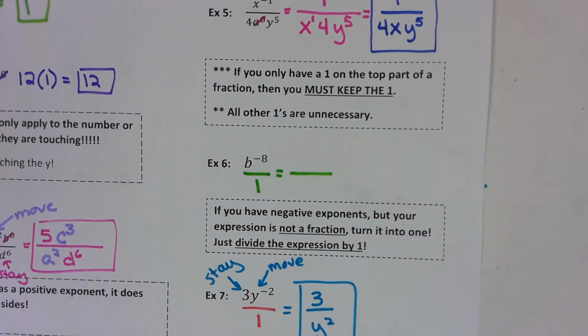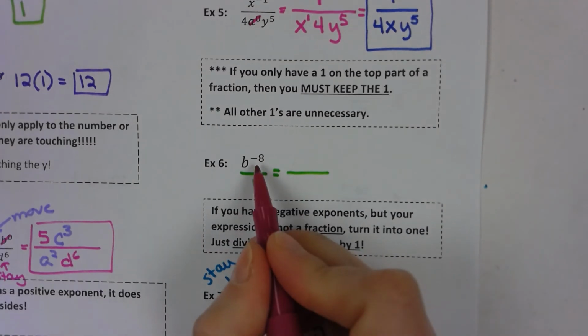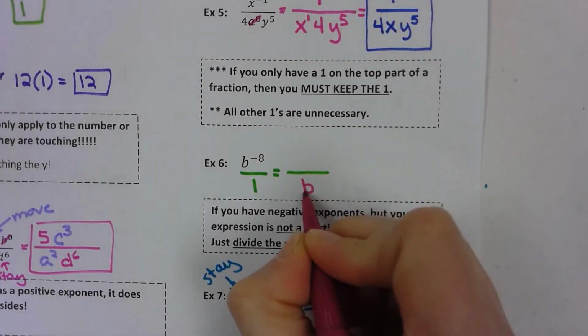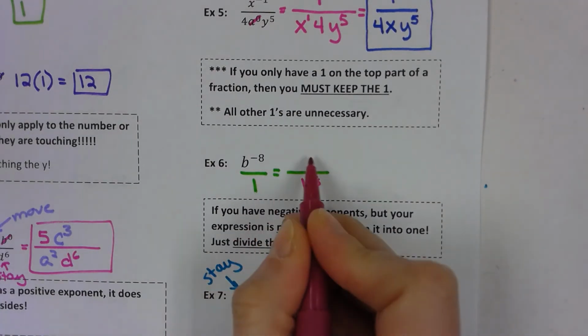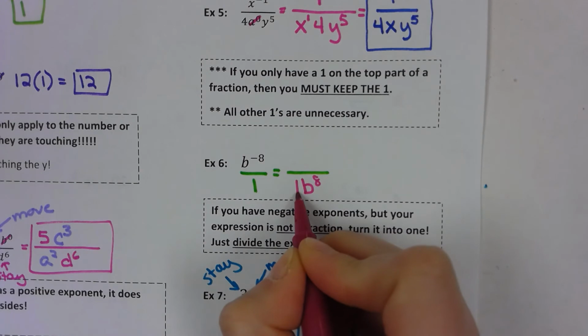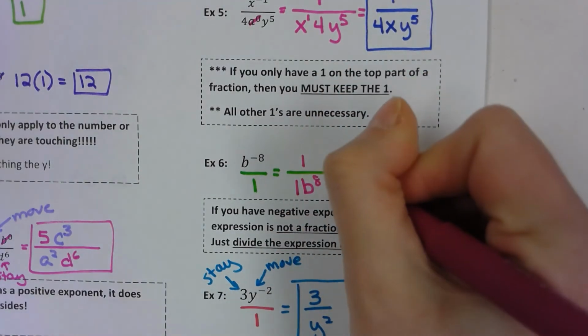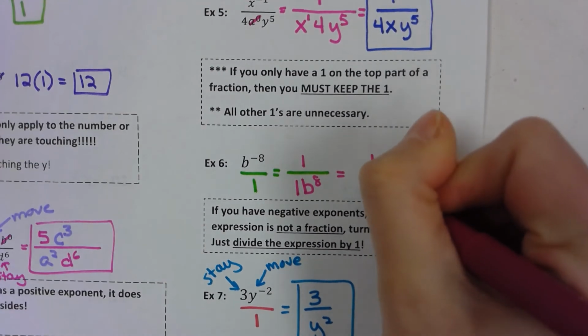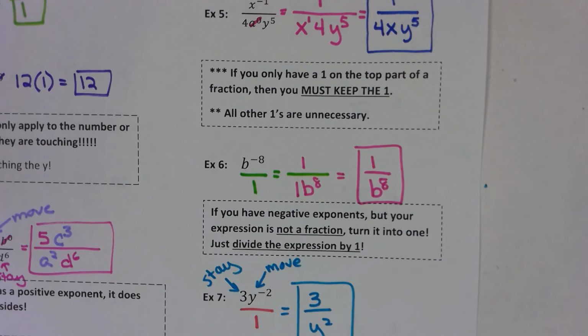So now it's easier for you to see that this negative exponent is on the top part of a fraction, so it moves down, and now it becomes a positive 8. Now this 1 does not change up here, it is still technically down here, but since we ran out of stuff on the top, we have to put a 1. So for my final answer, if I'm getting rid of the unnecessary 1, I would have 1 divided by b to the positive 8th power.